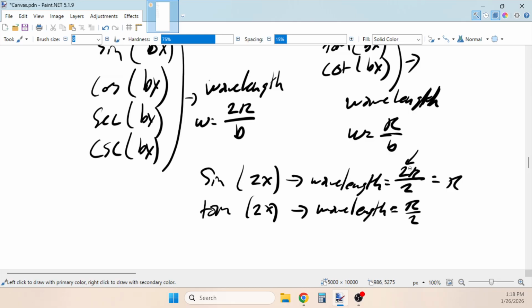That 2 isn't there to cancel. So for the same coefficient on x, tangent and cotangent will have half the wavelength of the other four functions.